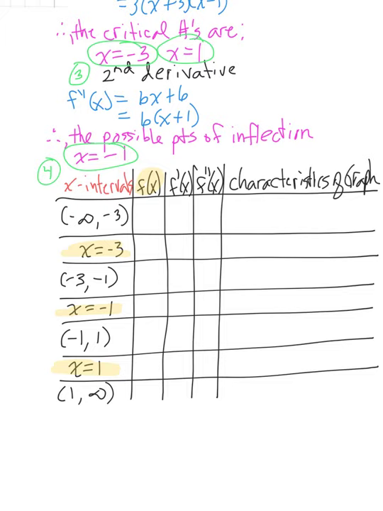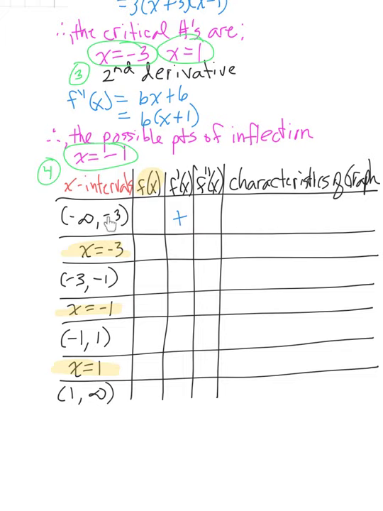So let's go ahead and get started. For this first interval from negative infinity to negative 3, you might want to choose the value negative 4. We're not going to substitute into the original function. But if we substitute the value of negative 4 into the first derivative function, you will get a positive value. I'm not going to give you a number because you could substitute any value you wanted to.